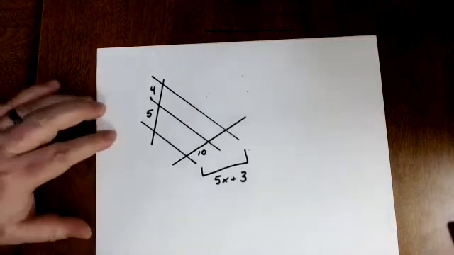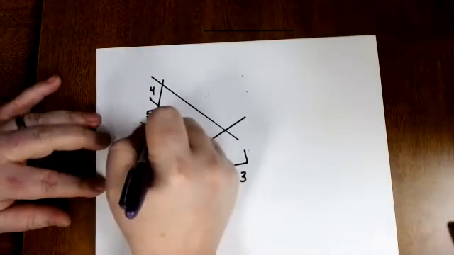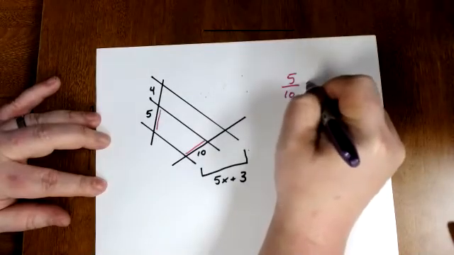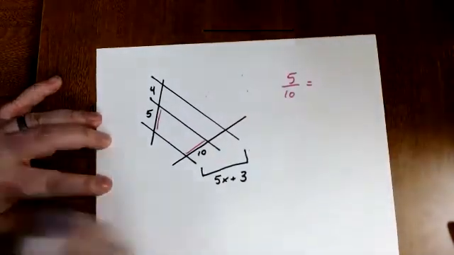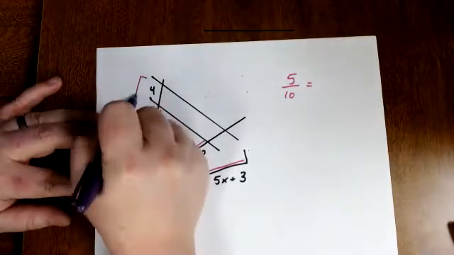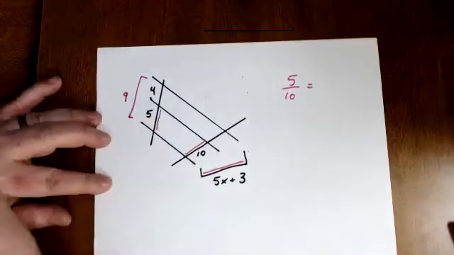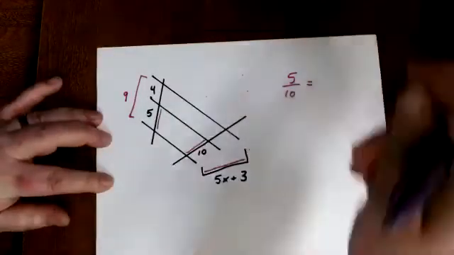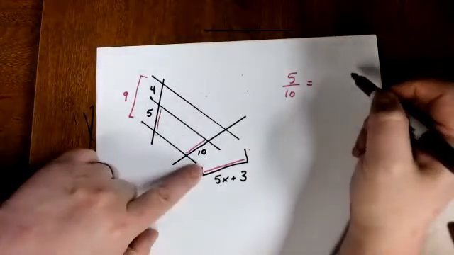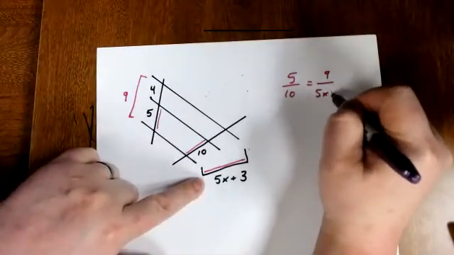All right. So let's start putting it together. We got a 5 and a 10. So I'm just going to go ahead and put that down. I know I'm going to need it. And this guy is the whole length, so I need the whole length. And 5 plus 4 is 9. So 5 over 10. I went top over bottom, so I'm going to go 9 over 5x plus 3.